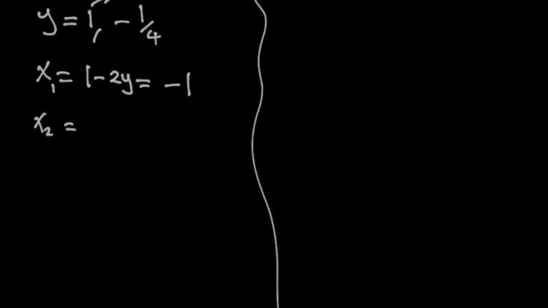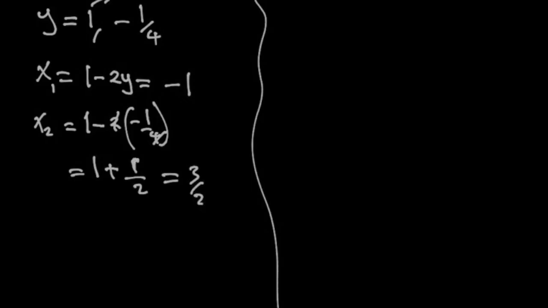Then for x2, we have minus 2 times negative a quarter. 2 times a quarter is a half, so this gives 1 plus a half, which is 3 over 2.